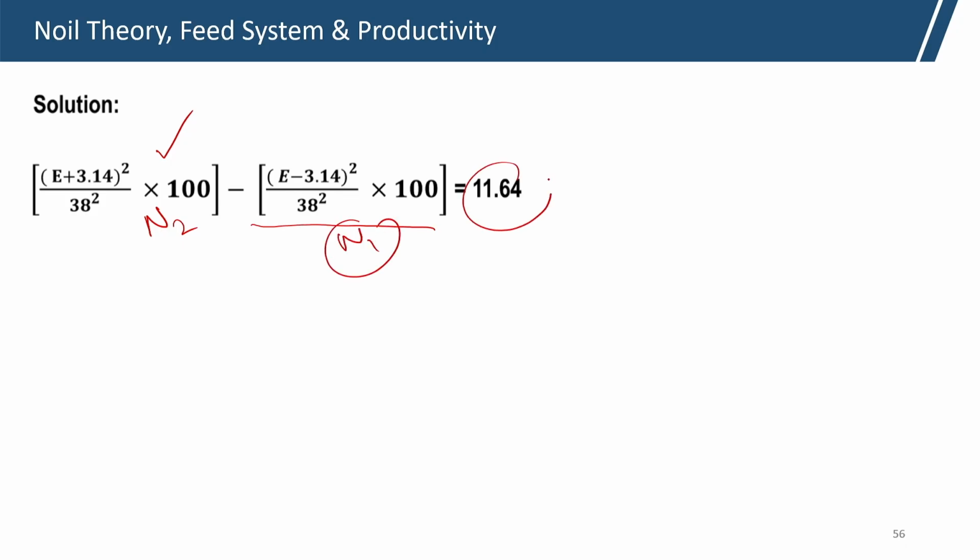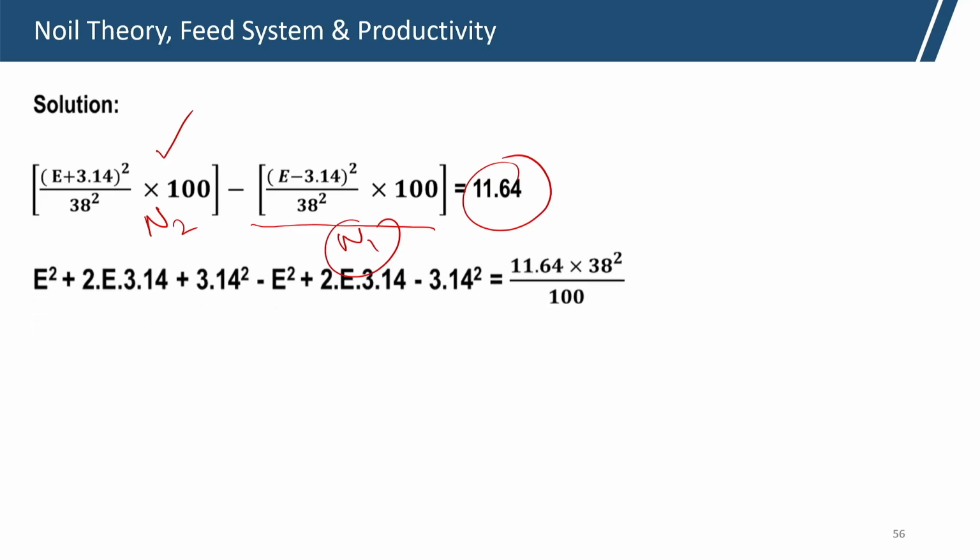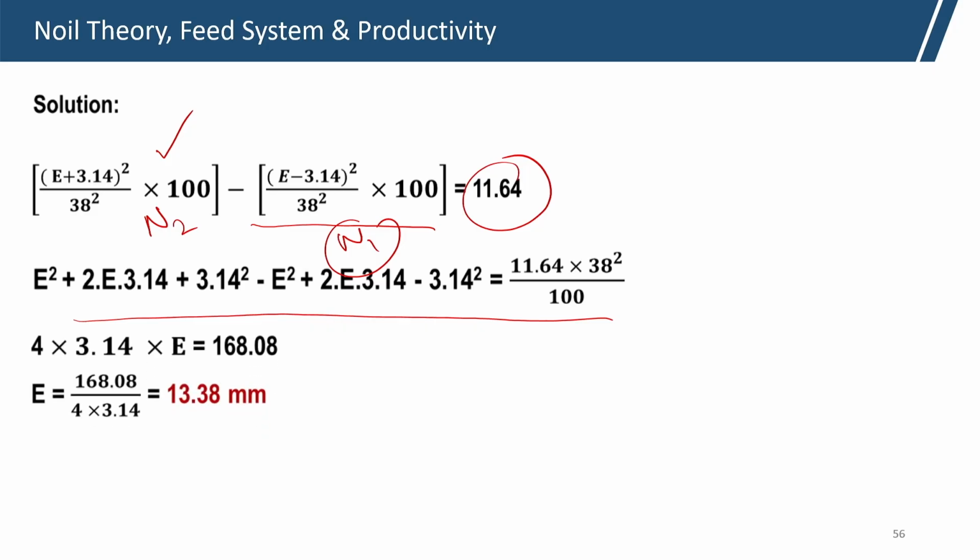So, as we have calculated it is 11.64. So, we get this relationship, this equation, and from this equation we are getting value of E becomes 13.38 millimeter. That is what was asked.